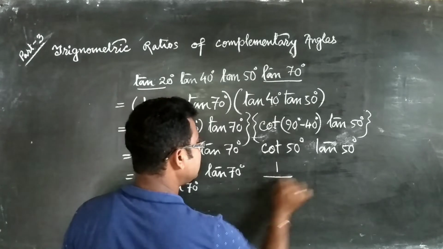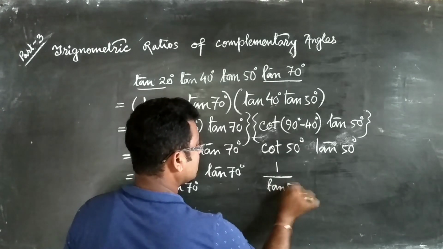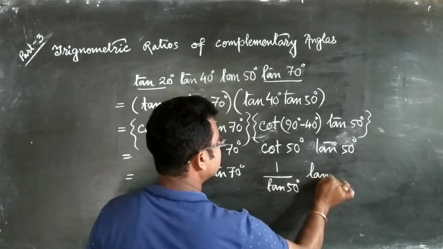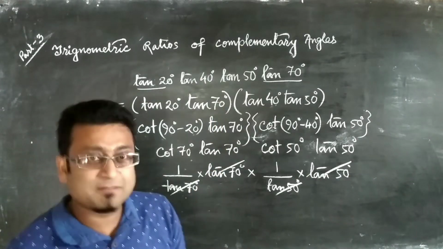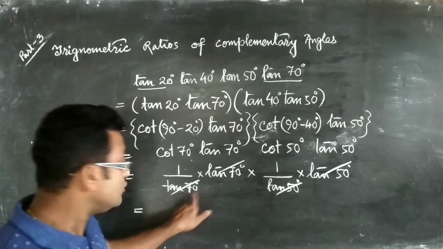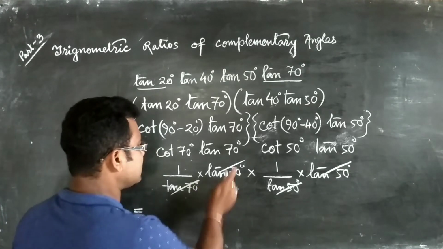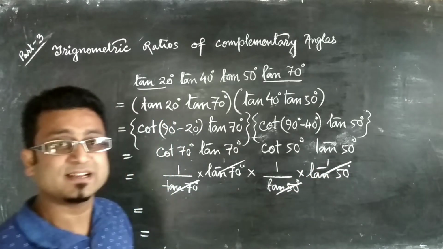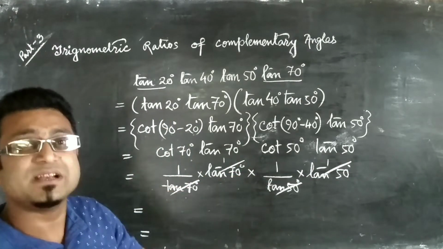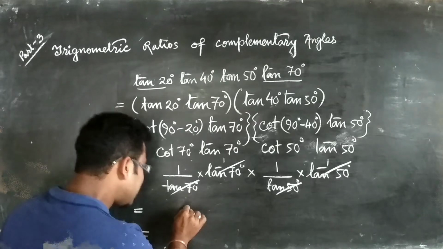So it will be 1 by tan 50 and tan of 50. Tan 70 and tan 70, whatever the value may be, I don't know, but the values will be the same. So if you cancel, after cancellation you are going to get 1 here, they will cancel each other, you are going to get 1 here. So ultimately we are left with 1 into 1 into 1. So you are going to get 1.